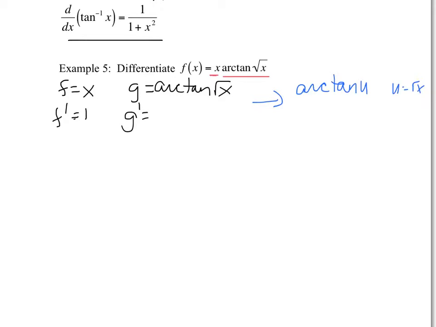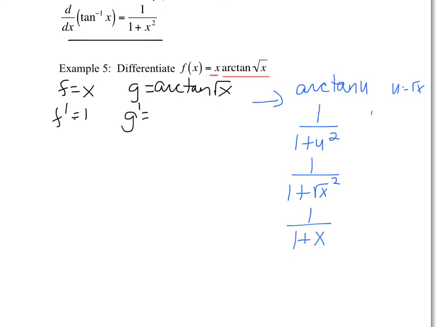If we look at what we have from above, the outside's derivative is going to be 1 over 1 plus u squared. But now u is not u, we want it in terms of x. So it's going to be 1 over 1 plus square root of x squared, and that actually simplifies to 1 over 1 plus x. All right, so that's the outside function's derivative.